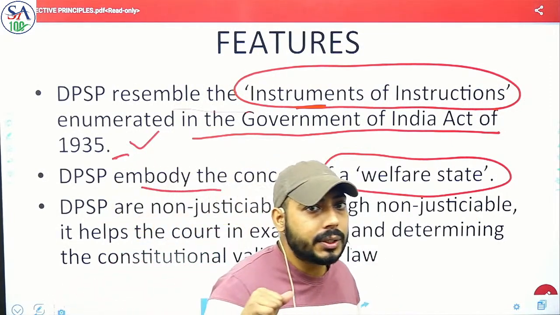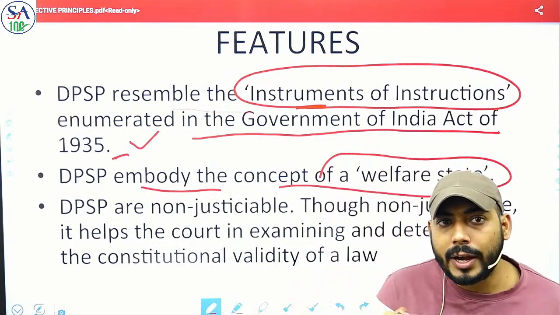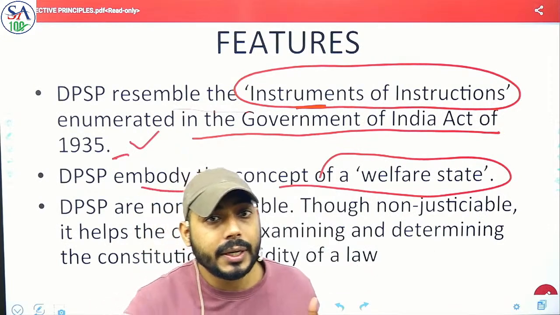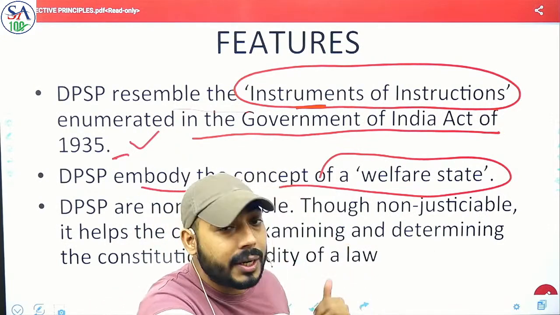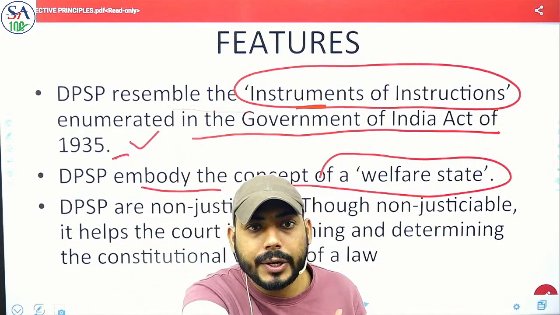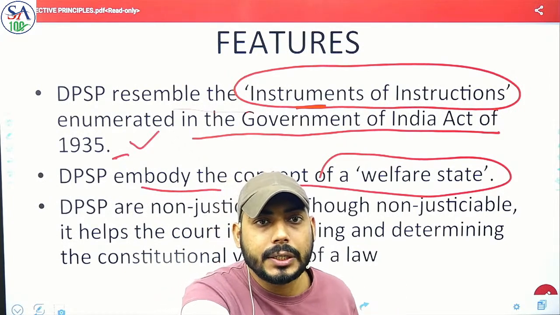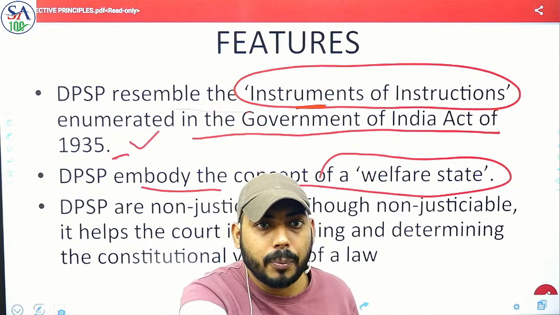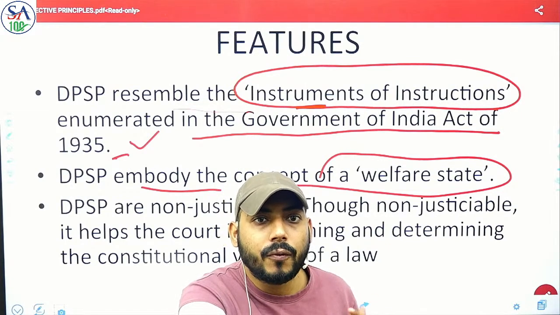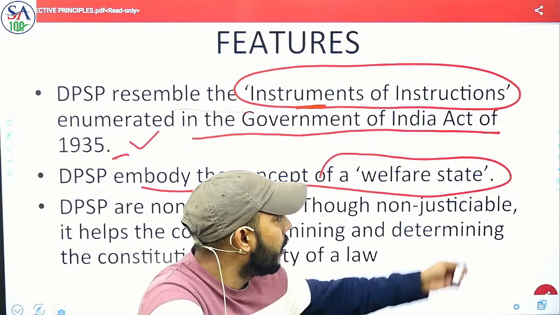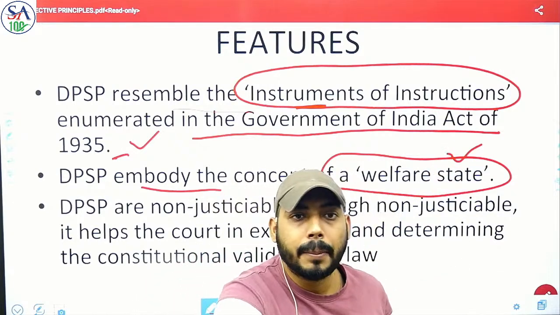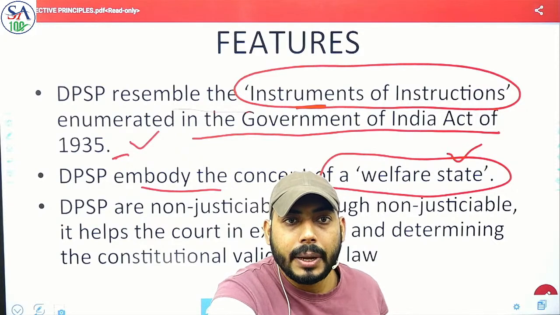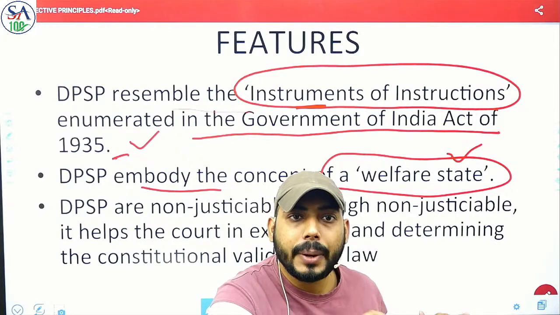So you need to understand the difference between welfare state and police state. The Indian Constitution provides for a welfare state. When there is a welfare state, its main responsibility is to do things for the welfare of people. This is the main basis of a welfare state. That is, governance should be people centric.